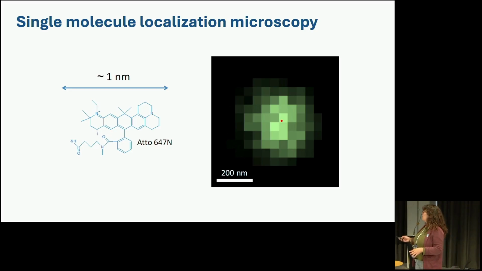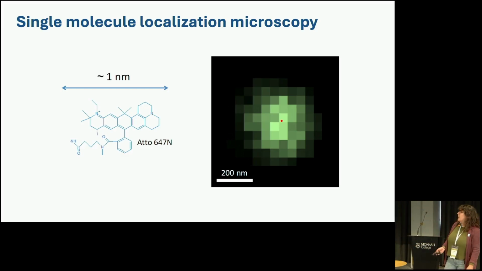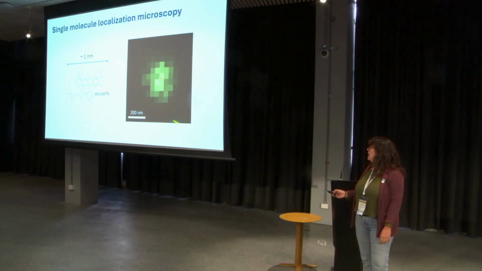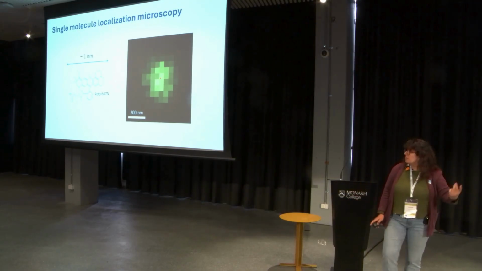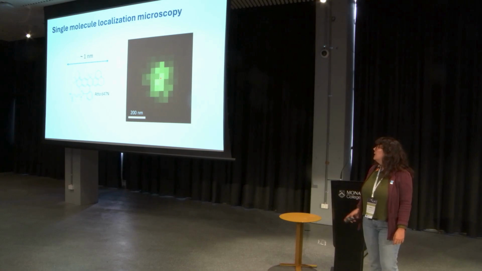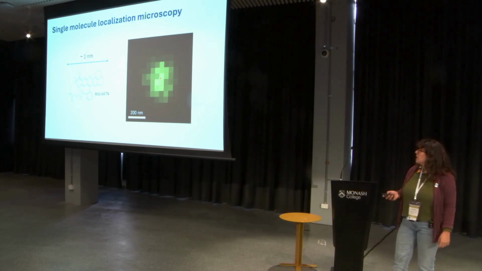The size of the dyes that you have is, for example, for ATTO 679, it's 1 nanometer, and if you image this dye in a camera or your sensor of a confocal microscope, you will see something like this. This is the image of the single molecule, and it has 200 nanometers in size, so 2 orders of magnitude bigger than the actual labeling of what you are studying.